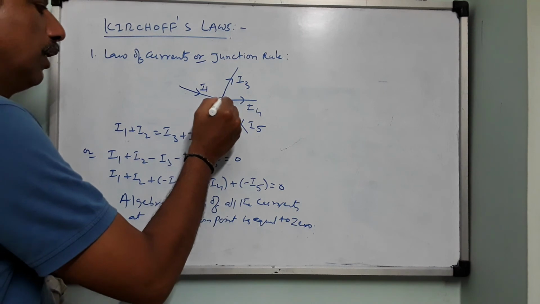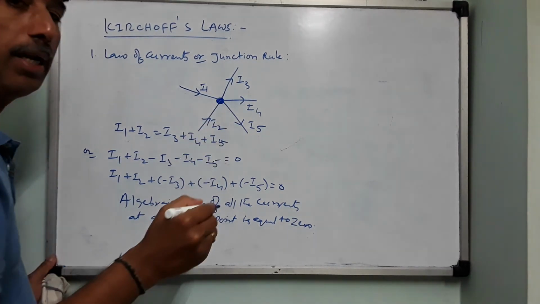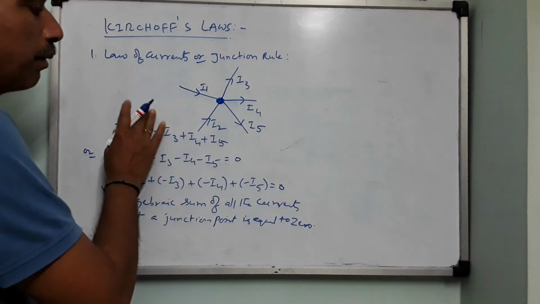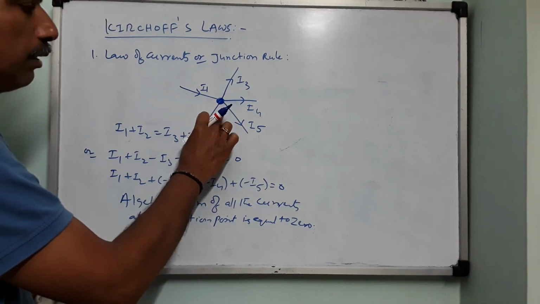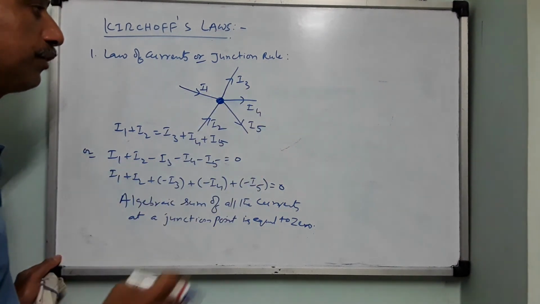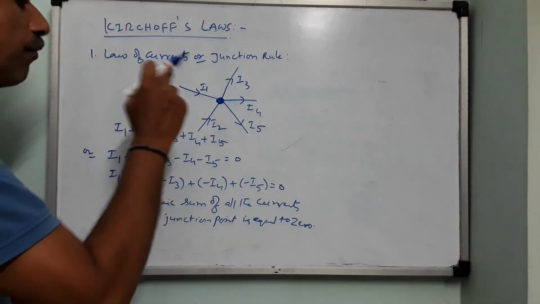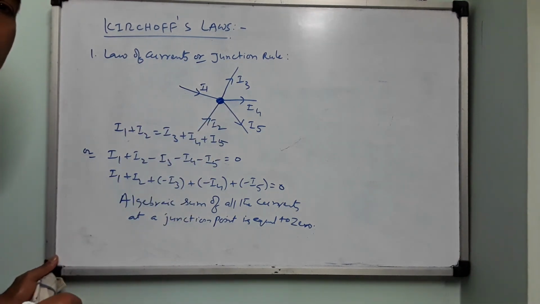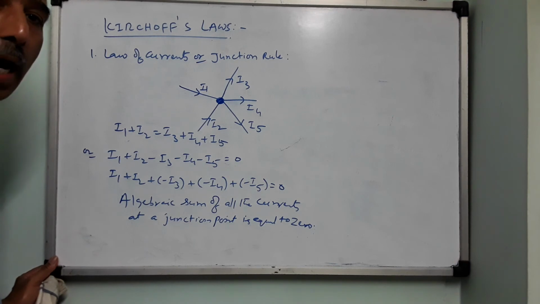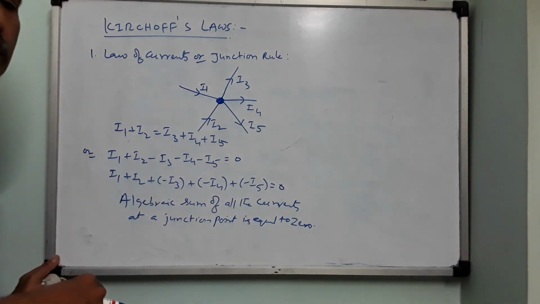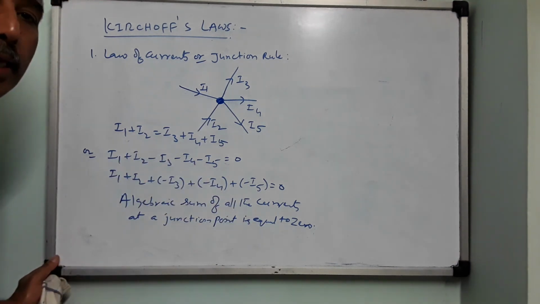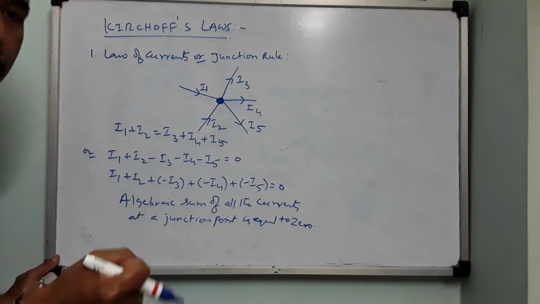Why? Because this junction point is acting simply like a mediator. Some amount of charge is coming to the junction point and the same amount of charge should leave the junction point. Because after all it is a junction point, neither can it produce charge nor does it absorb the charge. So neither is the junction point a source of charge nor a sink of charge.